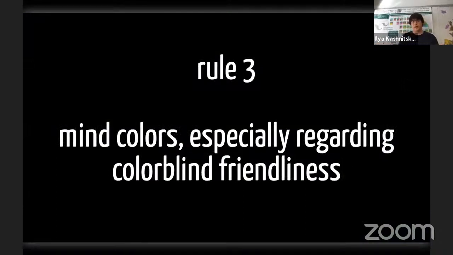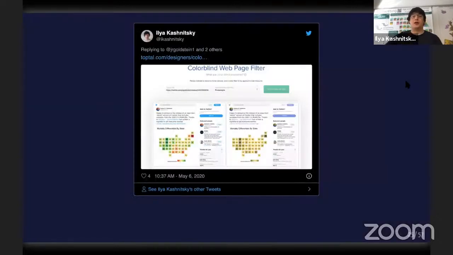Rule number 3: mind colors, and especially mind the colorblind friendliness of all your chosen colors. There is a great web page, part of the Toptal portal, where you can insert any other web page, and you can see side by side how the page that you just inserted looks for a person with a certain type of color blindness.